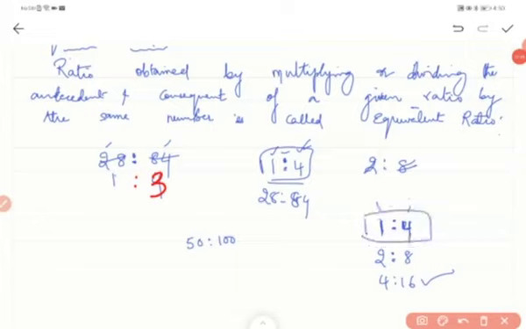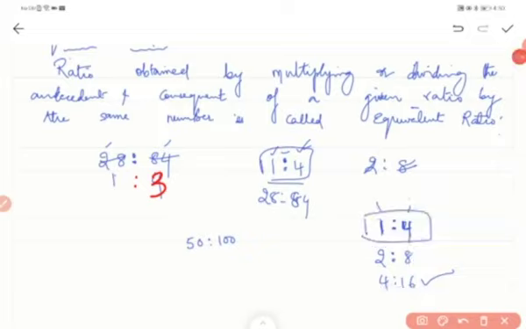Multiplying it with 2, it is 2 is to 8. And if I multiply this again with 2, it will be 4 is to 16. Like this we will get equivalents of the ratios just by multiplying or dividing the given ratio.